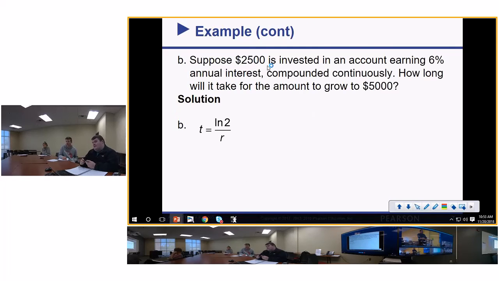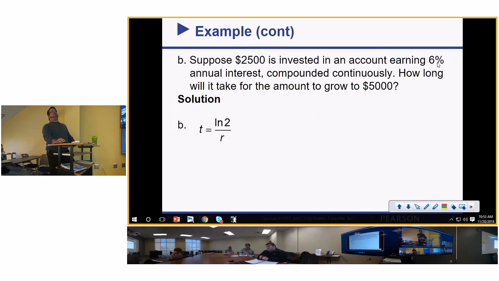Suppose $2,500 is invested in an account earning 6% annual interest, compounded continuously. How long will it take for the amount to grow to $5,000? The interest is 6%, so R is 0.06. T is what you're trying to find.